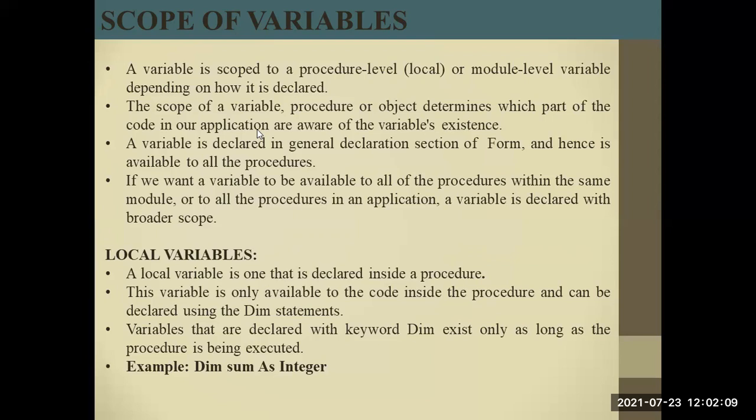For example, if you declare Dim sum as Integer, this declares a variable of integer type, which is defined inside a local scope.